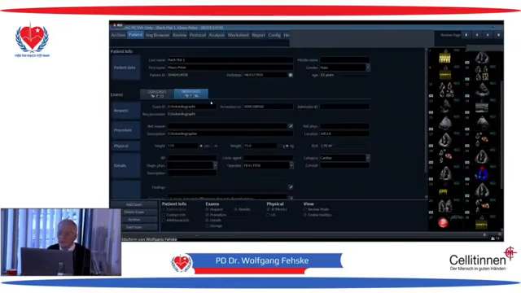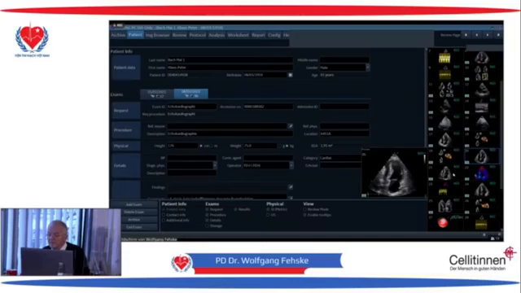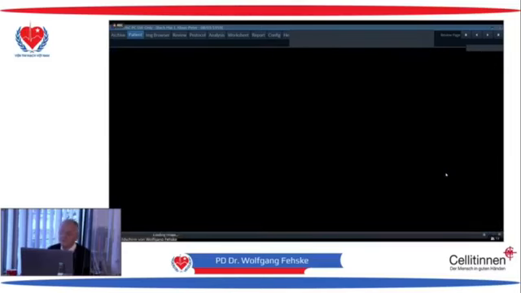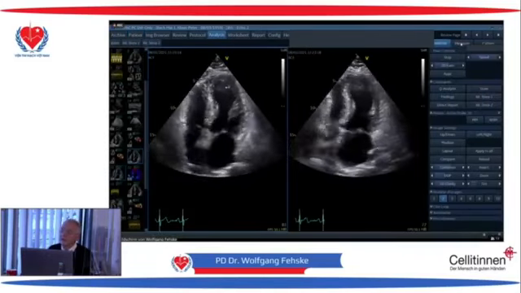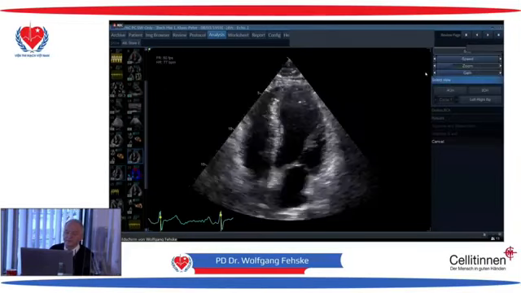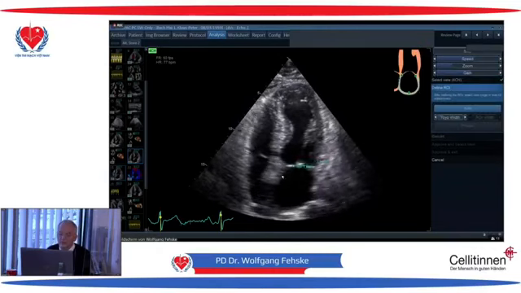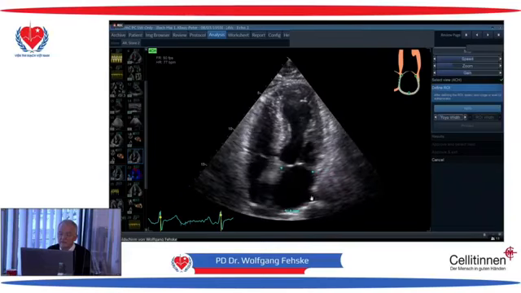We are measuring in 2 planes the AFI LAA. This is really new, and we start with a 4-chamber view, septal base, lateral base, and the apex.